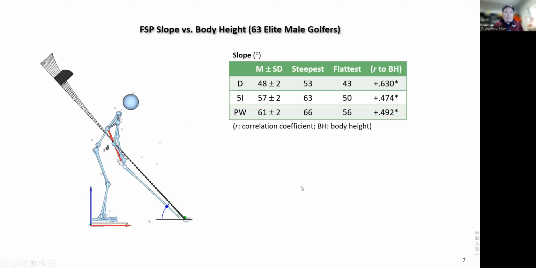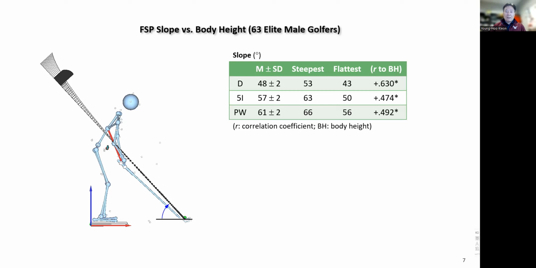Now here's some data. This is from 63 elite male golfers. Elite male golfers means either tour players, teaching professionals, or college players.